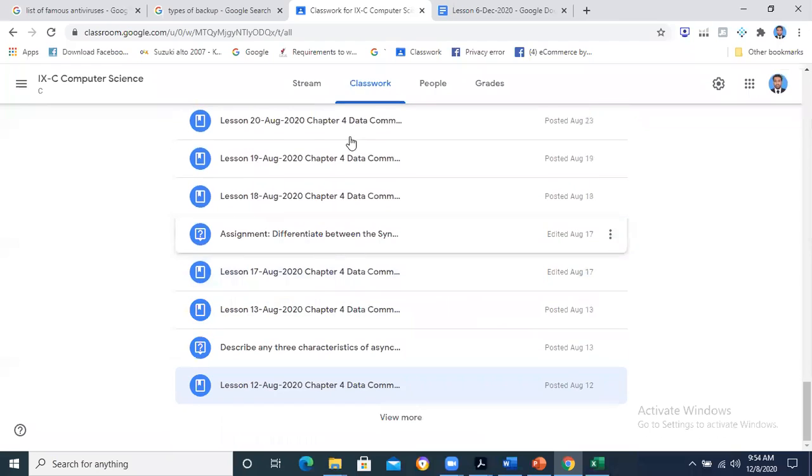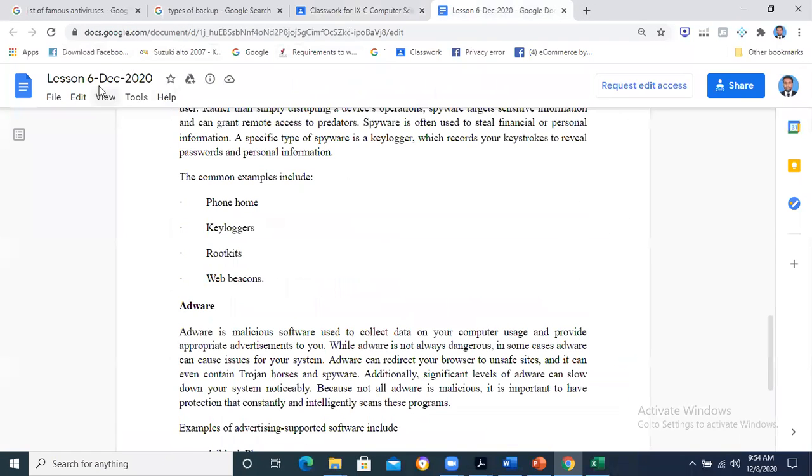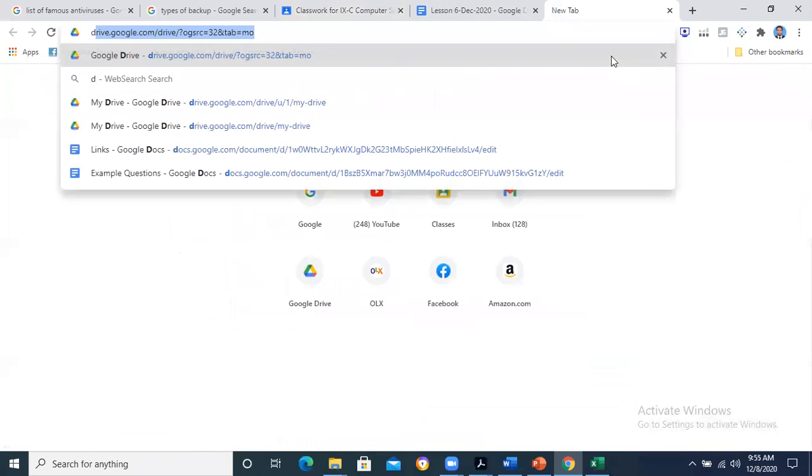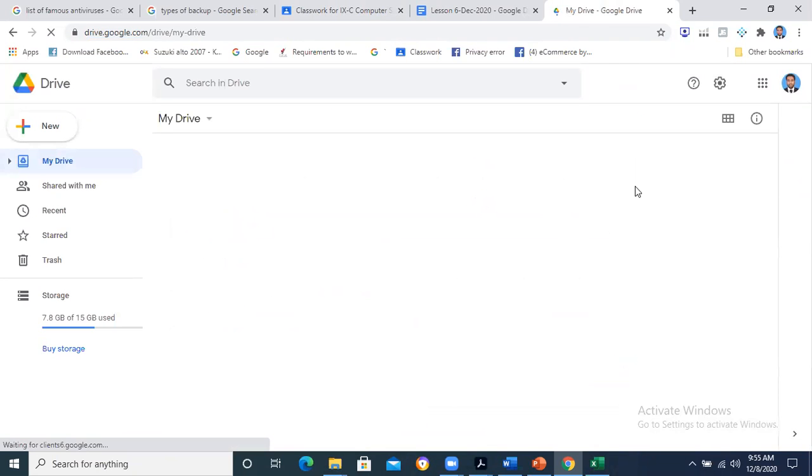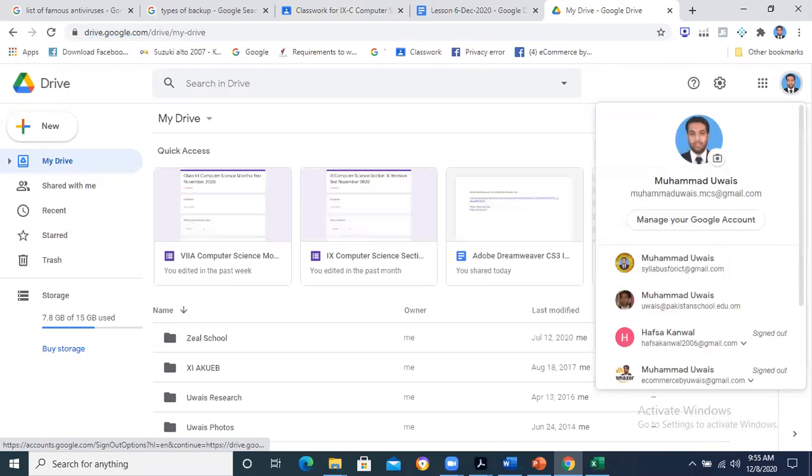So it's quite a convenient way for us. Whatever you have studied will be given to you over there in your Google Drive, just like on a day-to-day basis I am giving you your work in your Google Drive.